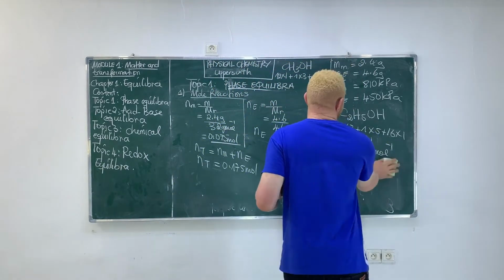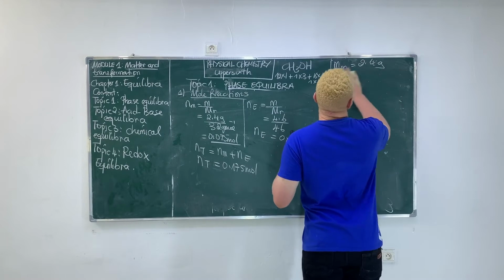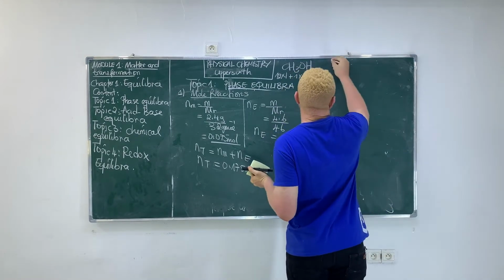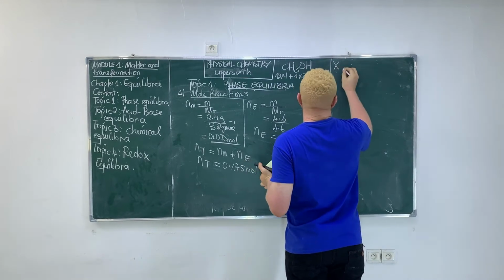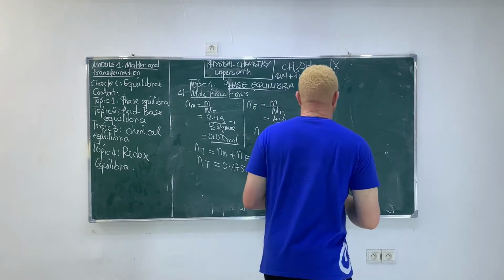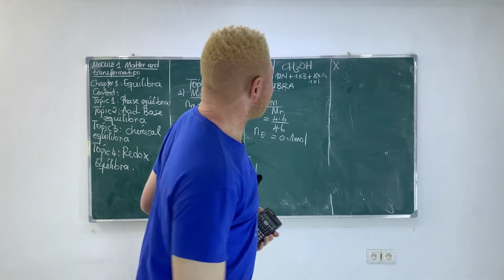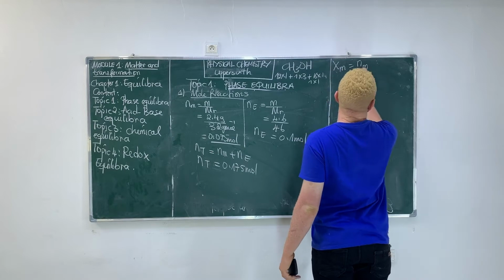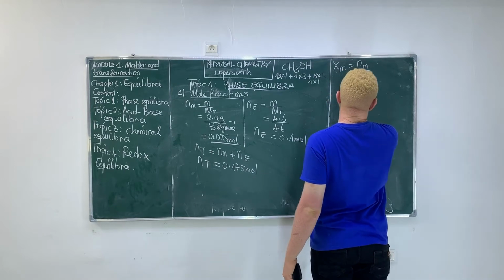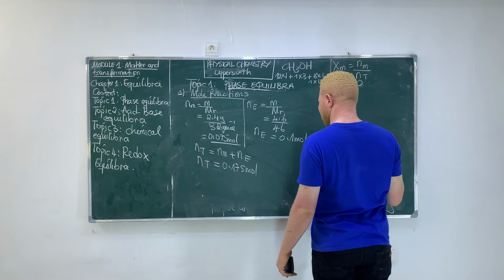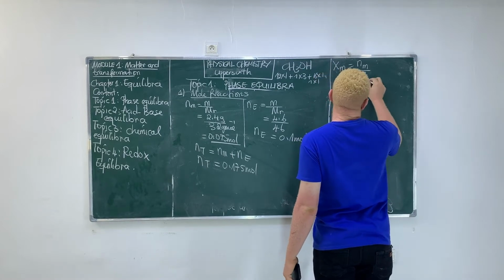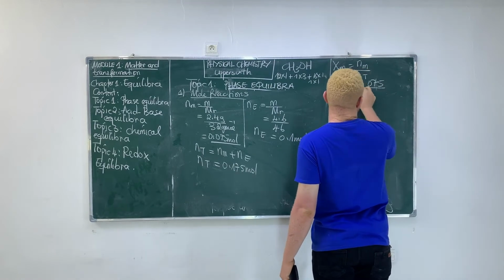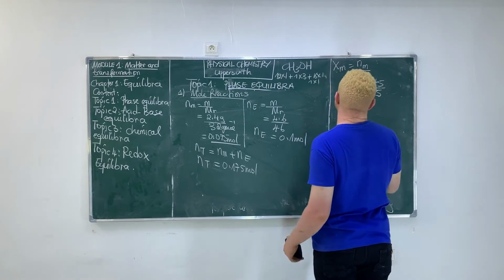So we're going on to calculating the mole fractions. The mole fraction X of methanol is the number of moles of methanol divided by N total. 0.075 divided by 0.175.